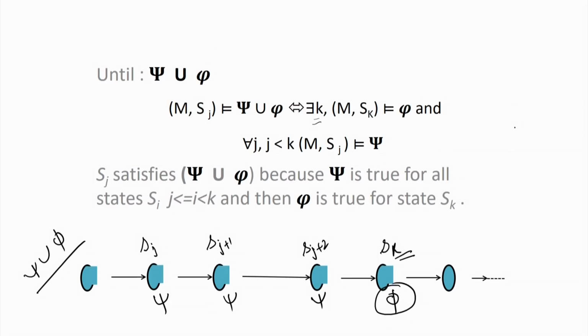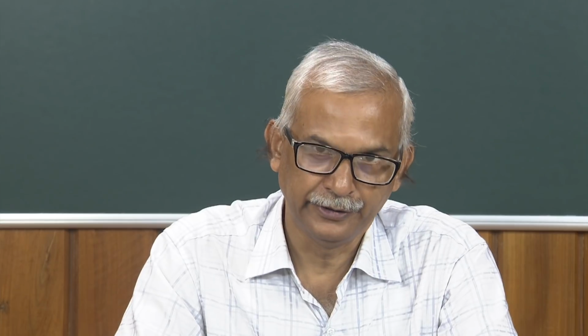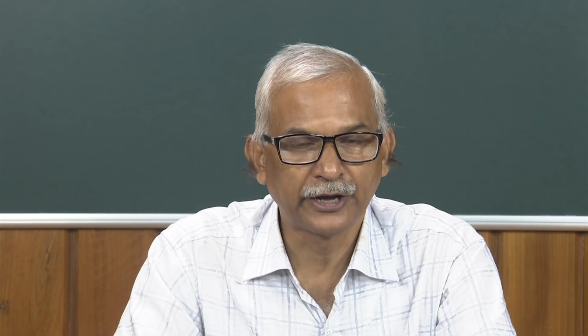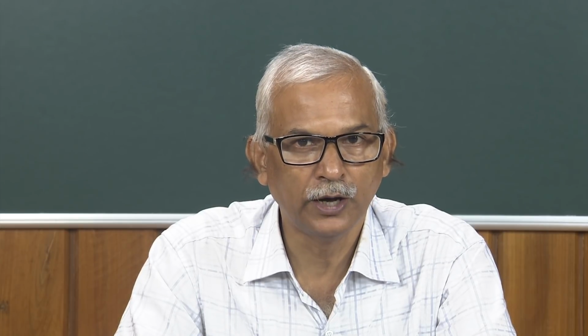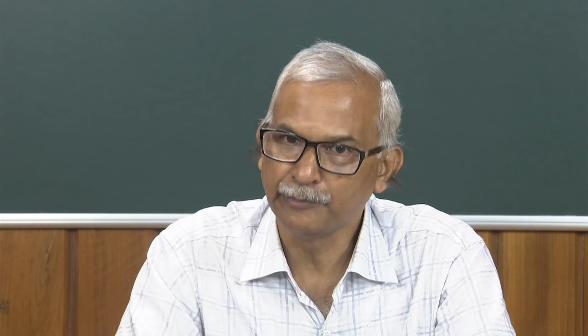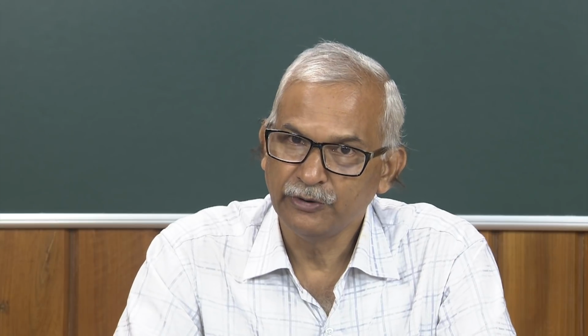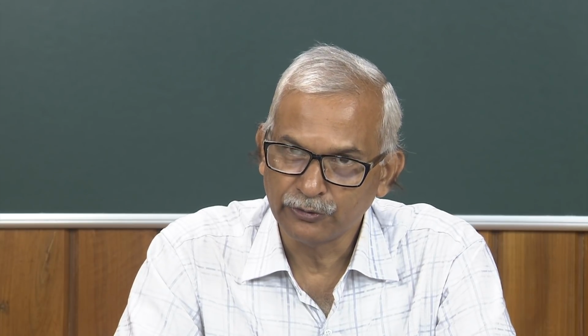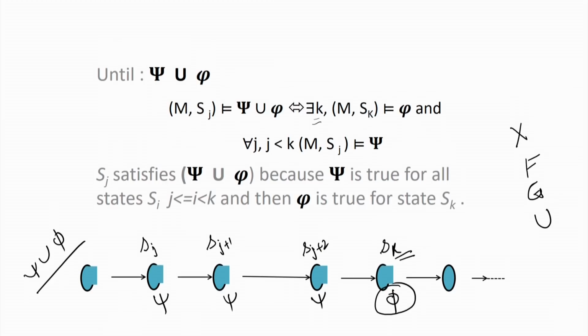What are the temporal operators we have discussed? Next state, future, globally and until, and these are defined in a model. This operator can come as a state formula or it can appear in a path formula. When we look into the truth values, if it is a state formula, we talk about the truth values in a particular state.